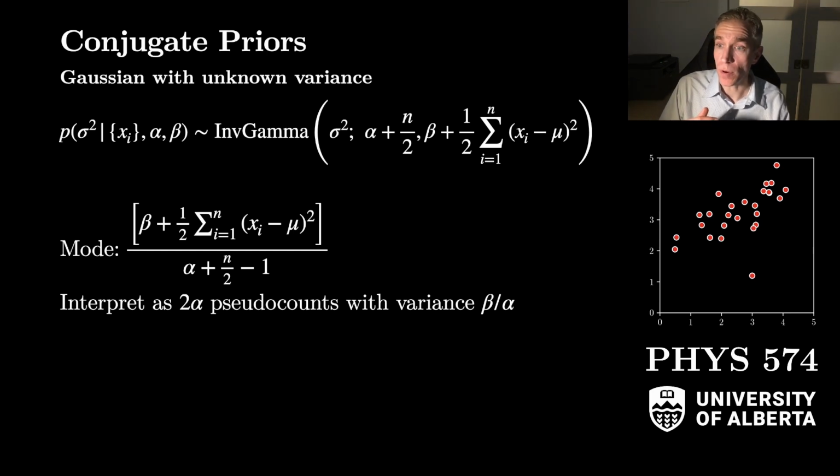Now it's probably worth noting that we've done unknown mean and unknown variance separately, but often we have a sample of data where we don't have either the mean or the variance. And so in that case, what we want to do is actually multiply our 2 priors together, using a normal for the mean and an inverse gamma for the variance.